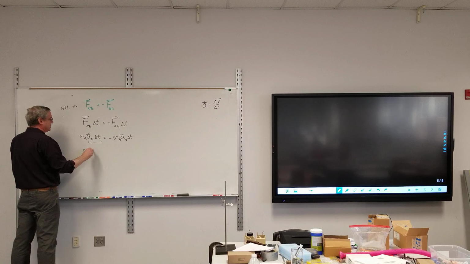So just tuck that away for a moment, and let's come back over here to this equation. What I want to do is get all the initials on one side and all the finals on the other. So I'm going to add PA initial to both sides, and PB final to both sides. So I have PA final plus PB final is equal to PA initial plus PB initial.